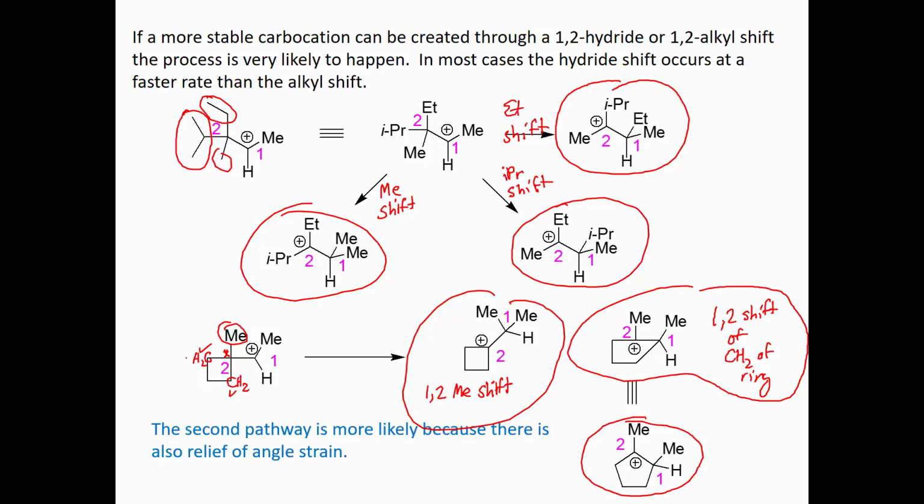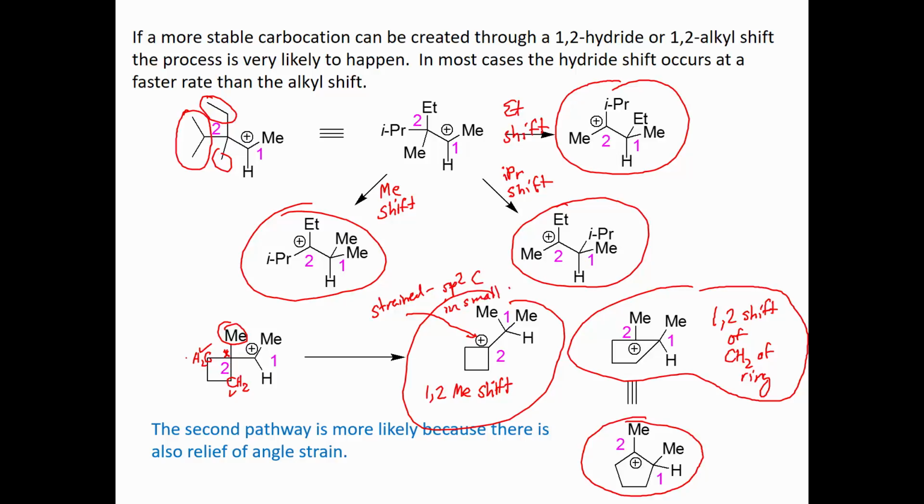Okay, when you increase a ring size from 4 to 5, you eliminate a good deal of the angle strain in that process. Here we also have, remember, the carbocations are sp2 hybridized, so this is kind of a strained system anyway, strained because there's an sp2 carbon in a small ring.